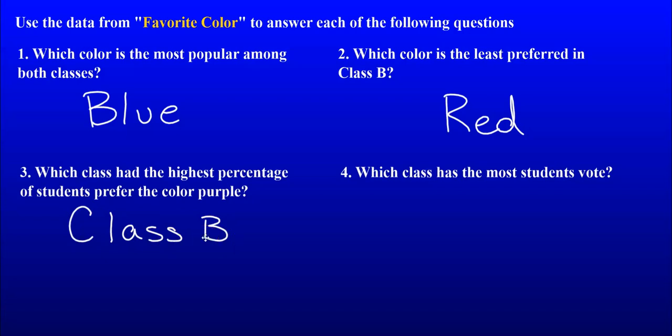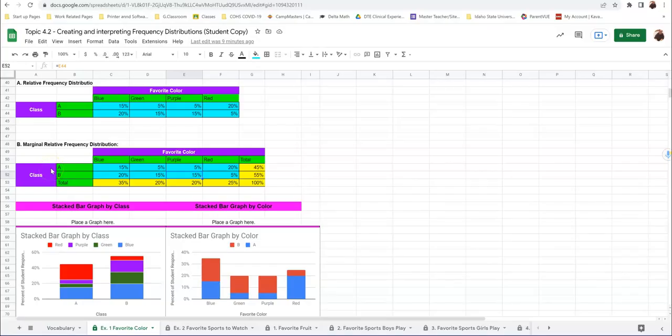And then number 4 says which class has the most student votes. So again, we'll go back to our information. Most student votes. So class B had 55% of the votes. Class A had 45% of the votes. So that means that class B also had the most students vote.